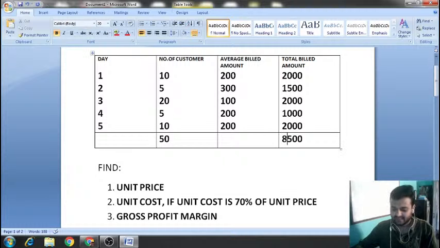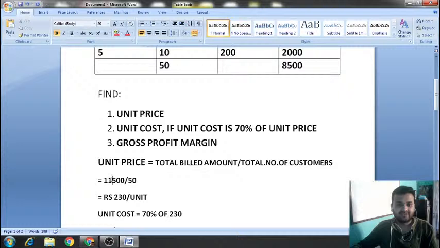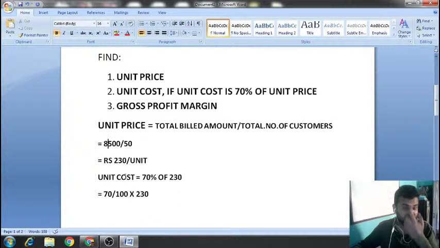Clear? So this will be 8500 divided by 50. Okay, so 8500, if you divide this by 50, this will come to rupees 170 per unit.